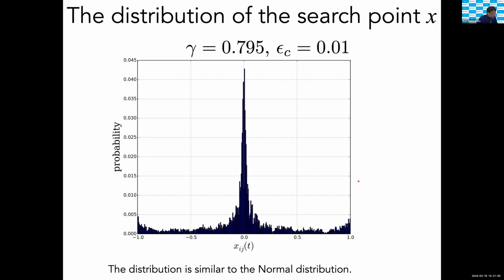Since the center represents the current best position, it is clear that the search can explore the area around it. Please note that this assumes the current best position, which is the center, remains unchanged while examining the distribution of the search point.